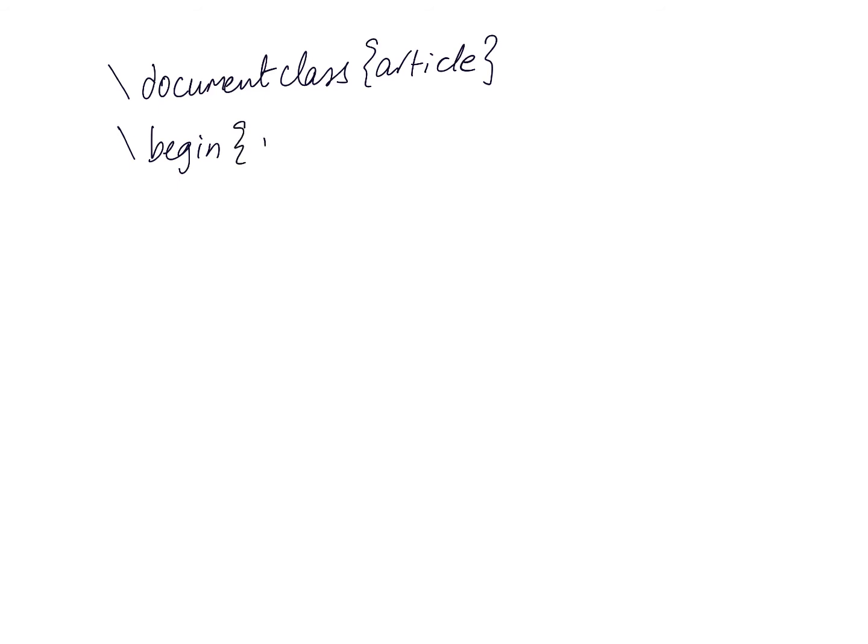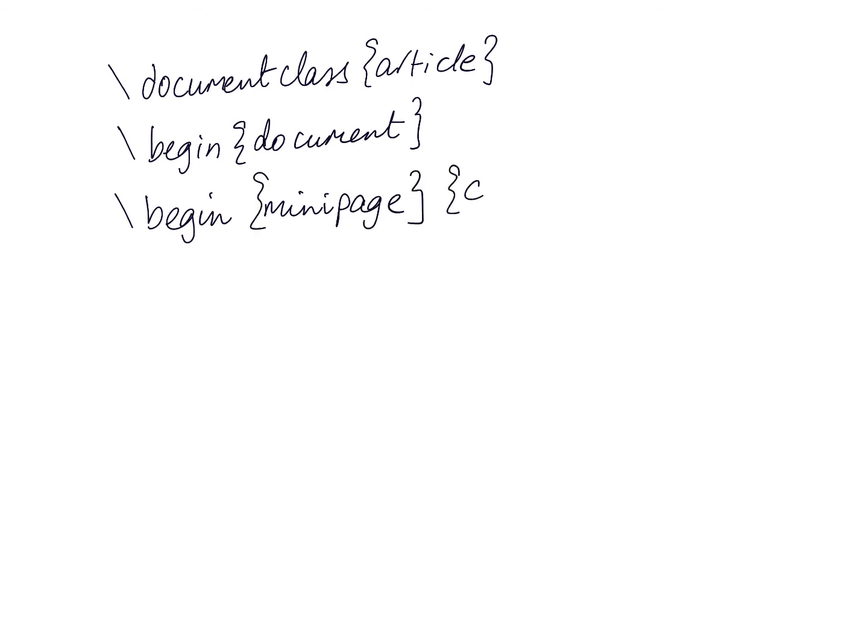Okay, so again, documentclass article, begin document, begin minipage, and let's say we put in a value of 3 cm. Again, we can use any one of the ISO units. TUG is an acronym.